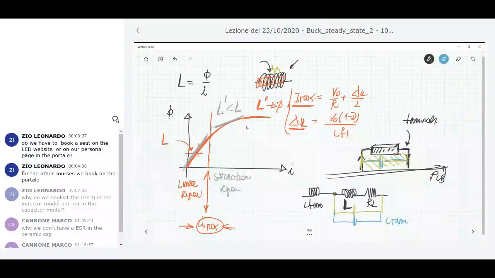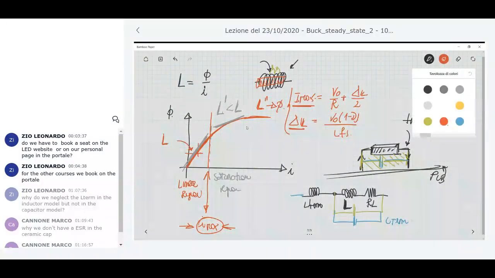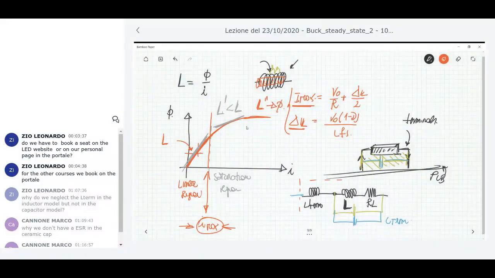So the model of a real inductance is a little bit complicated. It includes all these parasitic effects. These are the external terminals. So not only the nominal inductance, you have a series resistance RL, you have capacitors, and then you have this.